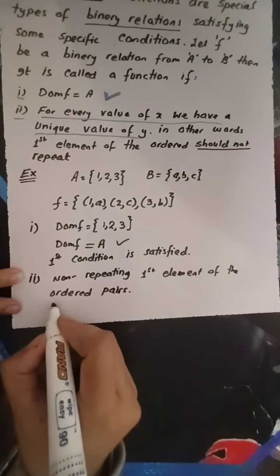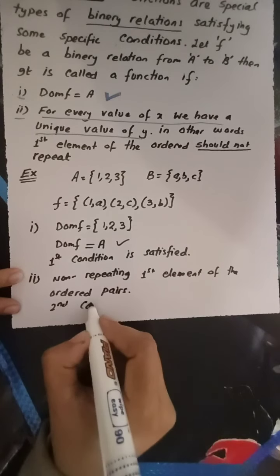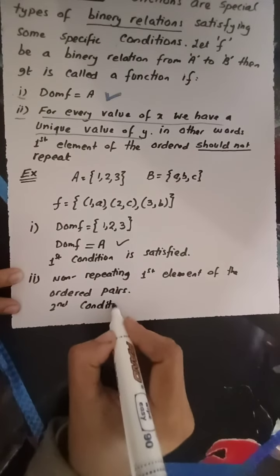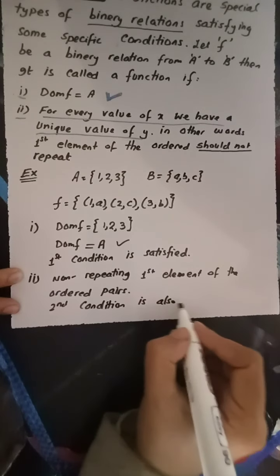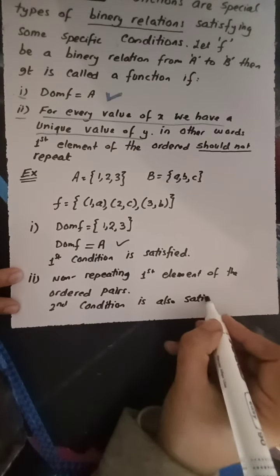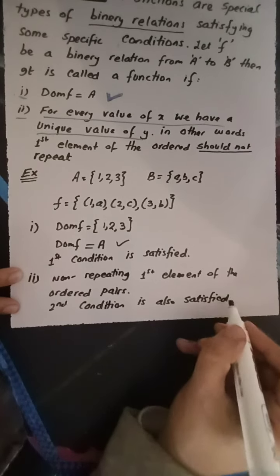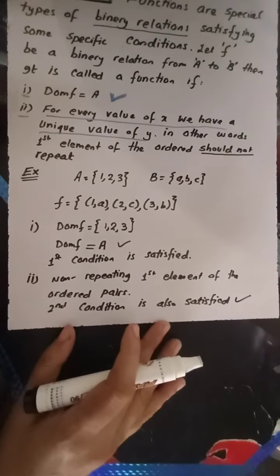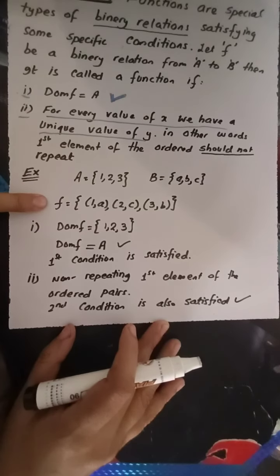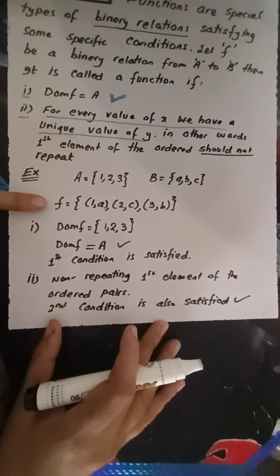So it means that the second condition is also satisfied. Okay, the second condition is also satisfied, the first condition is also satisfied. Both these conditions are satisfied by this binary relation, so this binary relation will be a function.